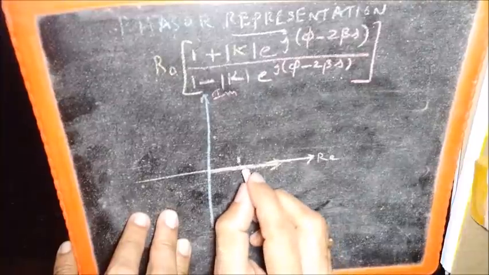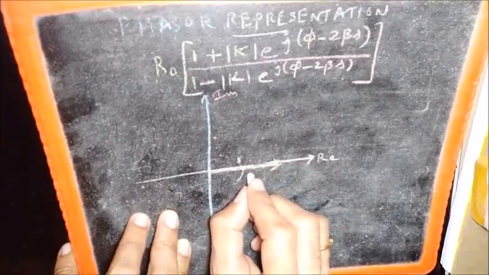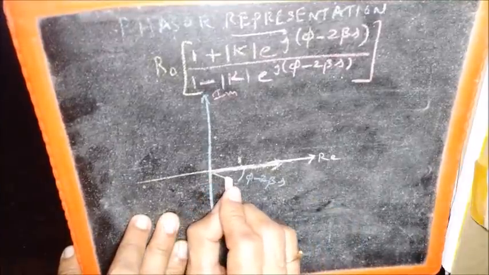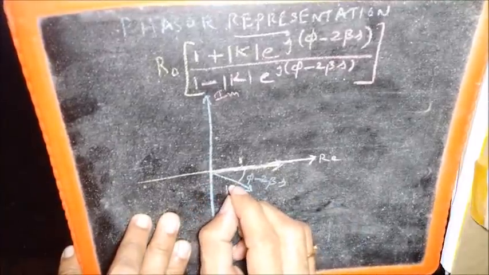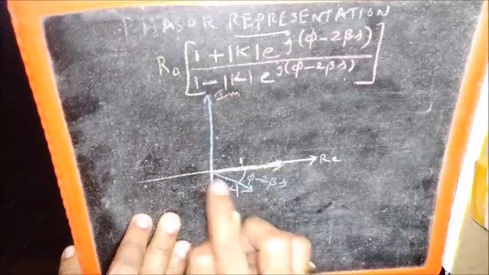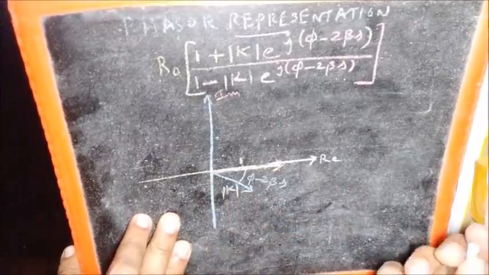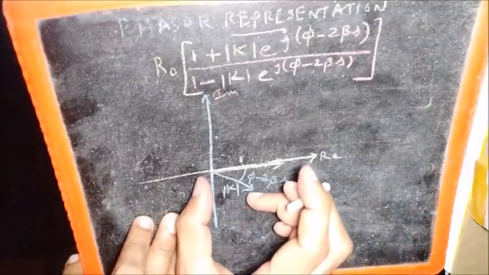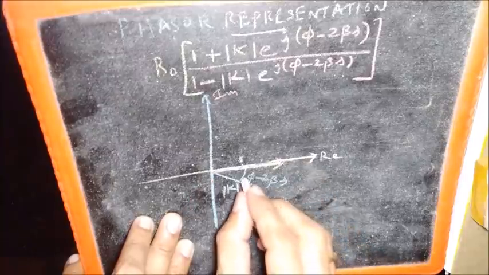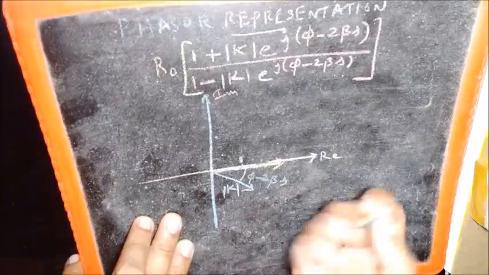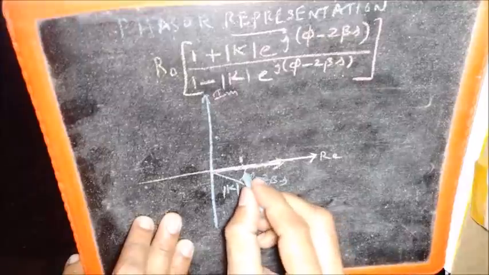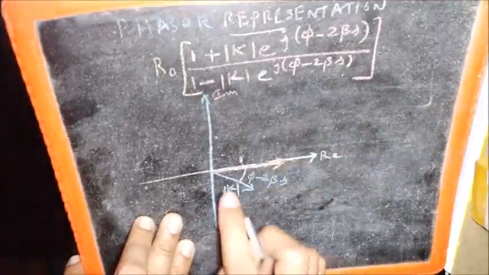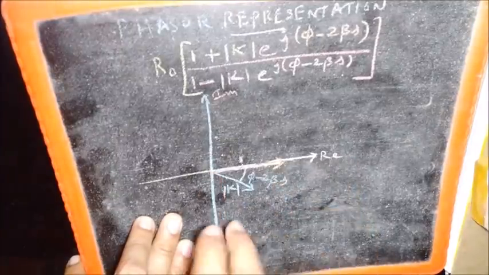Let's say this angle is phi minus 2 beta s, so that this is k e raised to j phi minus 2 beta s. This magnitude will be the magnitude of the reflection coefficient, and this phase phi minus 2 beta s stands for the phase. And now in the numerator we have 1 plus this phasor.